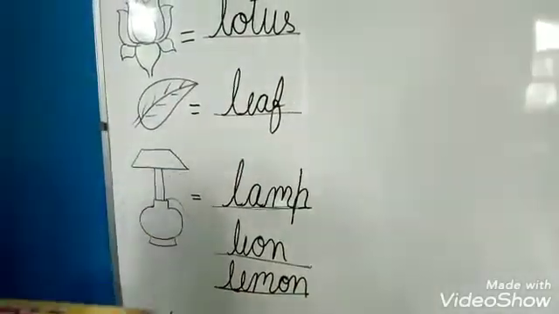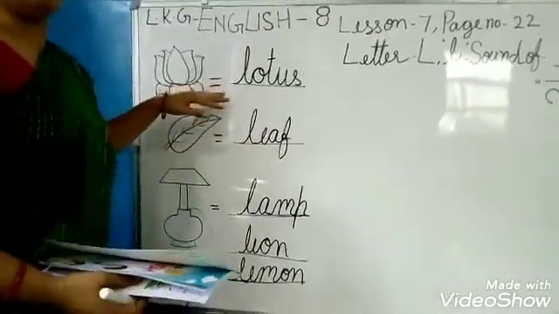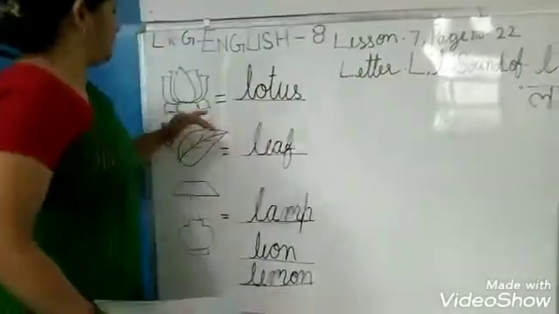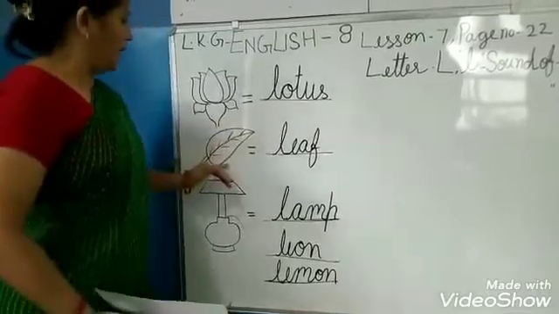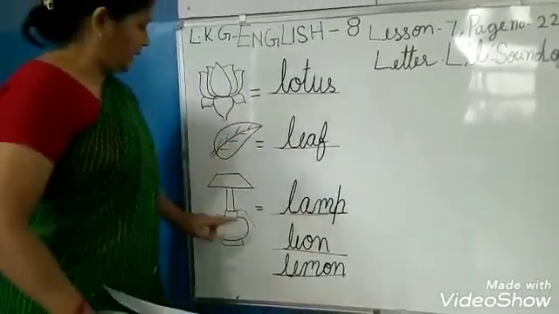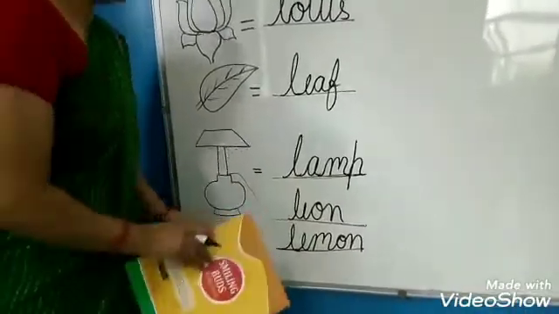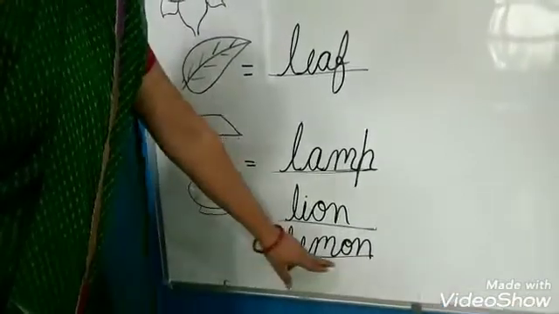So children, now repeat again. Okay. Now we will learn letter L. Repeat again. L for lotus, L for leaf, L for lamb, L for lion, and L for lemon.